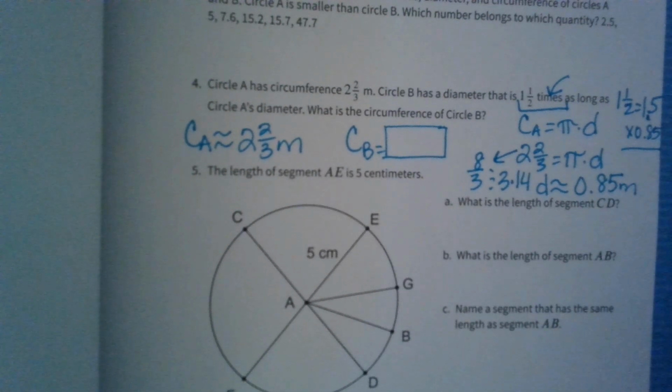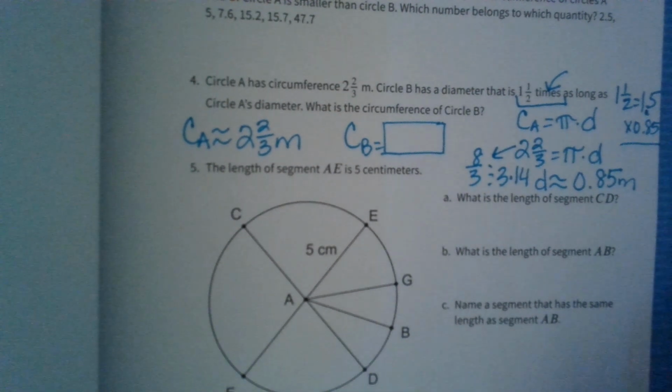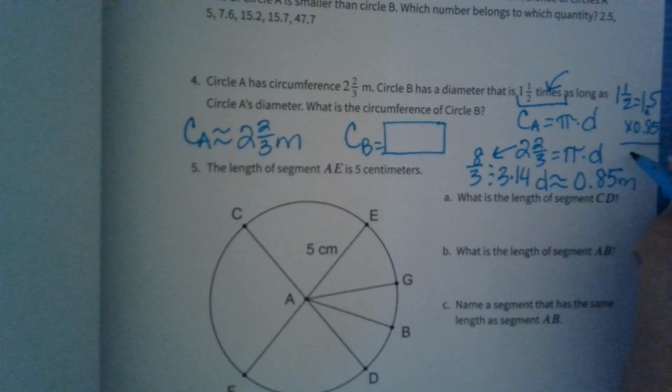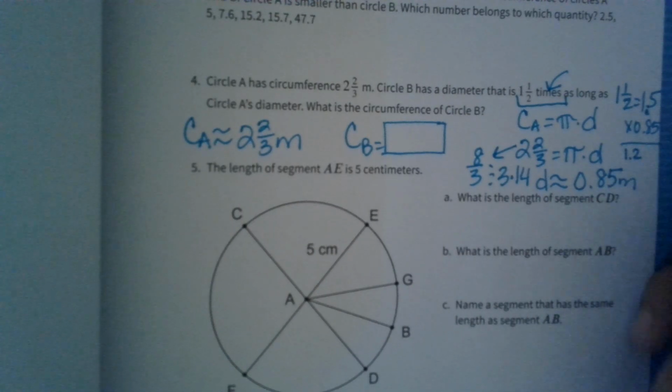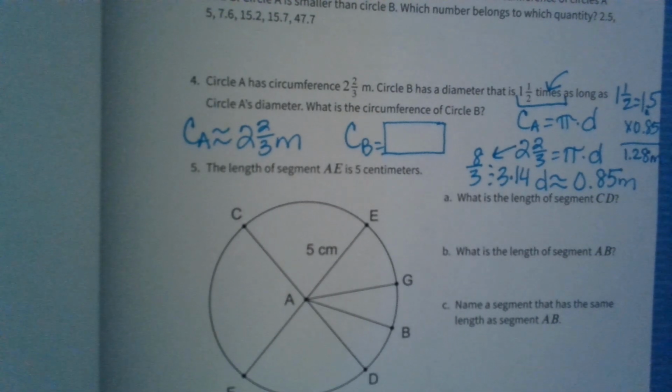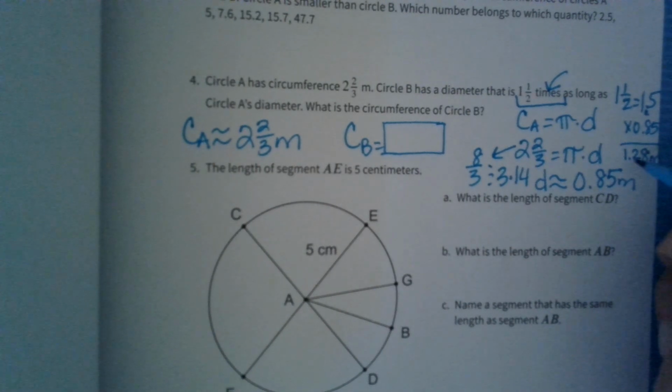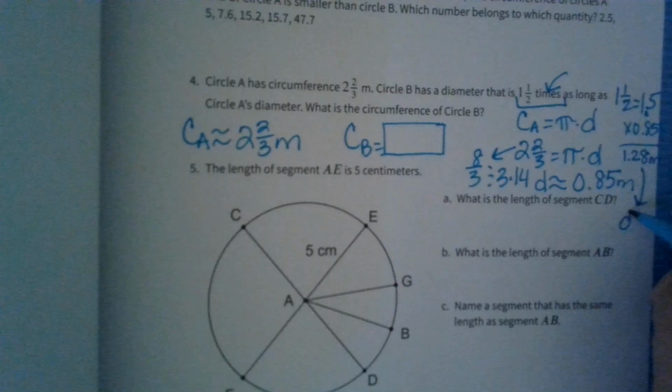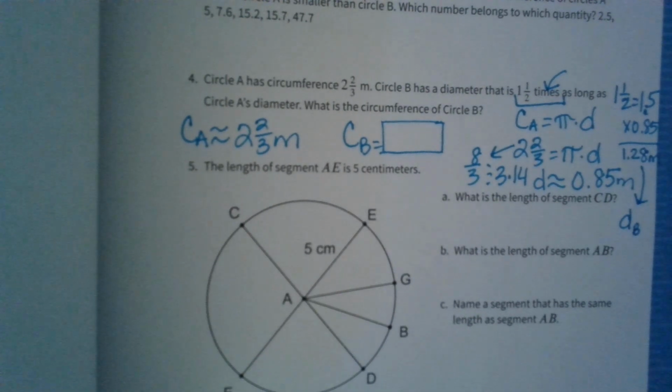And I know if you're running out of space, you can use the page on page 48 next to it. But 0.85 times 1.5 gives me about 1.275. So let's do 1.28 meters.